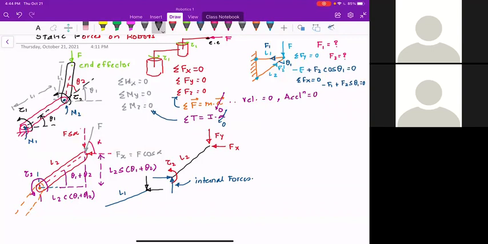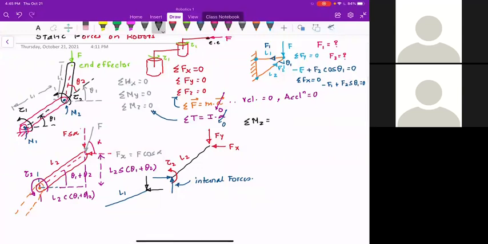So you have an action force and a reaction force, and they came into existence because we freed the joint. That's why we are drawing the free body diagram. When those two links were attached at the hinge, these forces cancelled each other out.